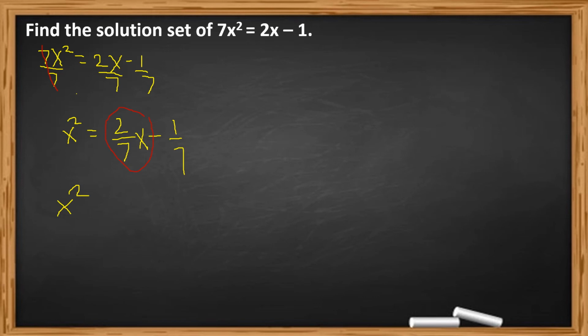Si negative 1 over 7, no need to transpose kasi later on, kung itatranspose natin, ibabalik din natin siya sa kanan. Kaya dyan na lang siya. Minus 2/7 x equals, so walang nabago sa kanya, i-rewrite lang natin, negative 1/7.